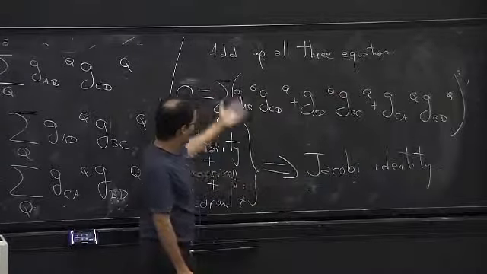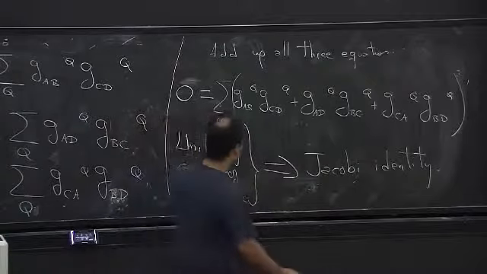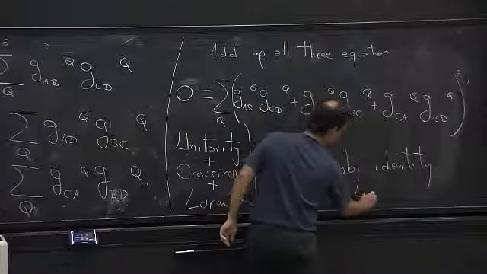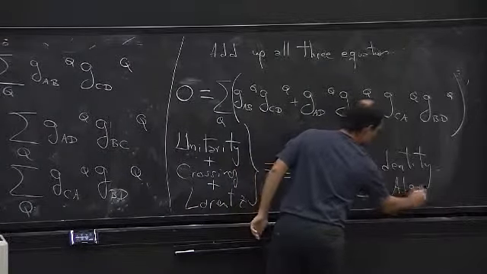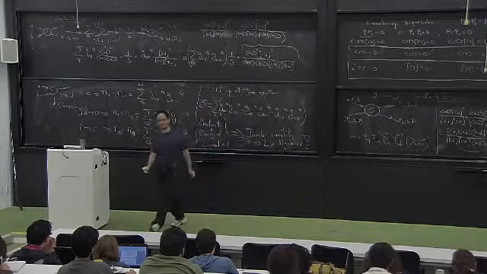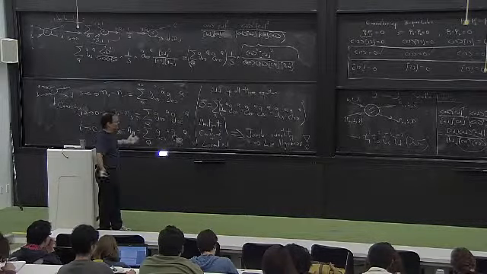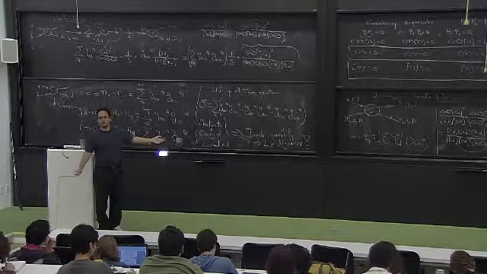And therefore, all possible interactions of spin 1, helicity 1 particles are governed by Lie algebras. Isn't that nice? So if mathematicians had not discovered Lie algebras before, we would have.